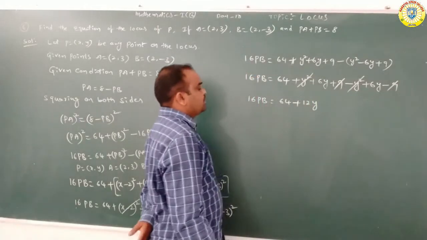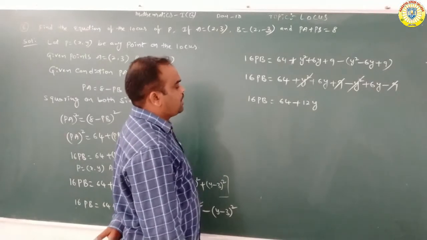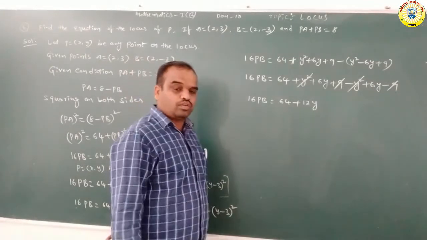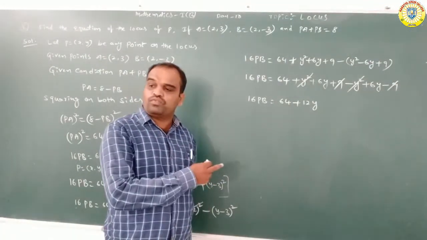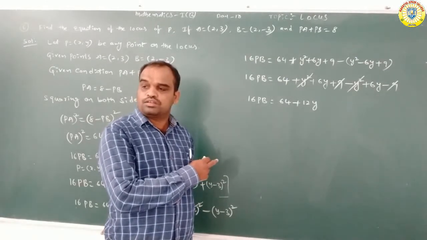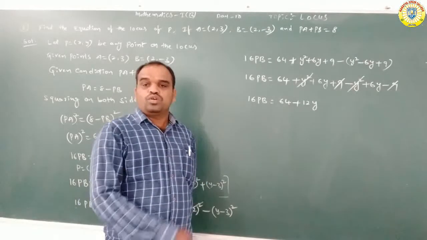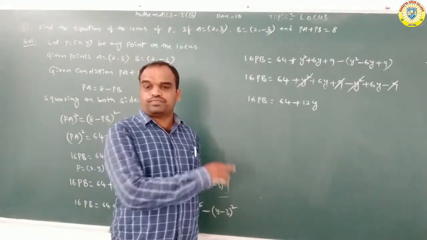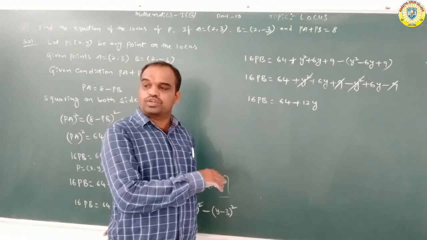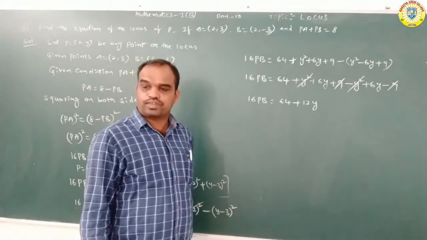Okay now, so here which value is the common value? 4. We are taking 4 as the common value. 16 4s are 64.